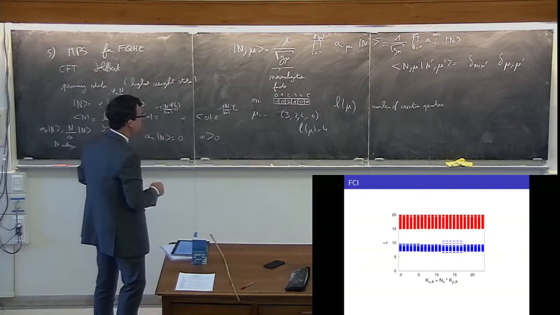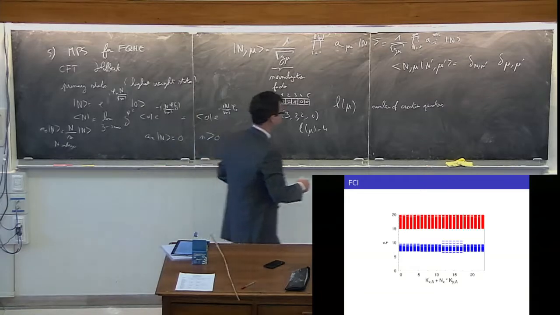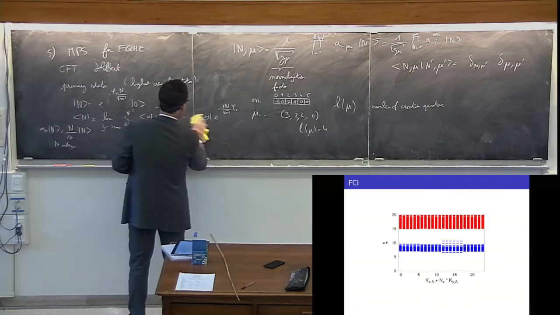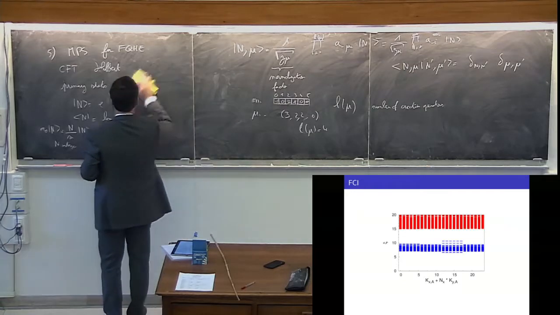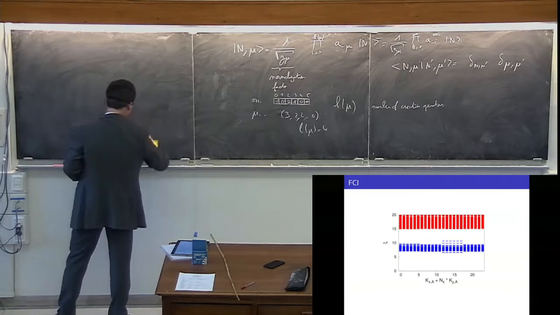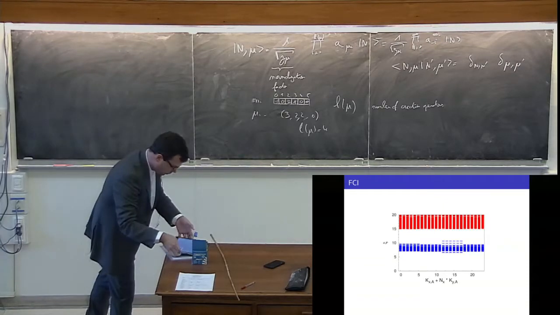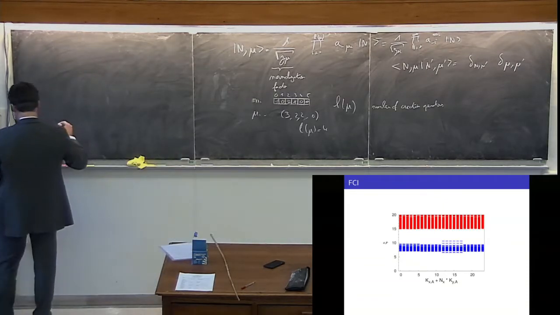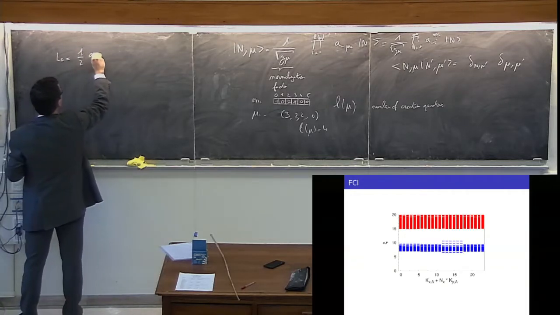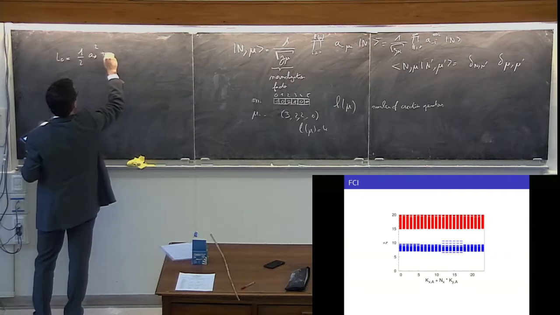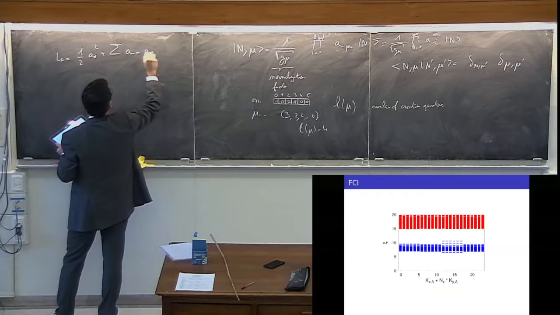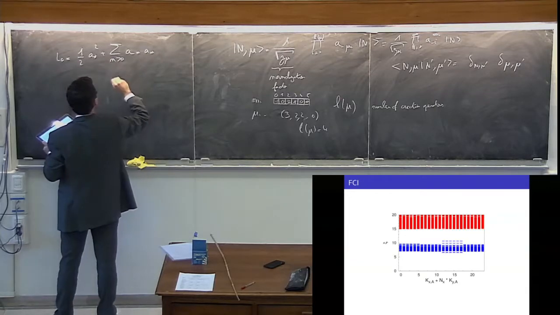So the last step is to compute the conformal dimension for the descendant. If you act with the zero mode of the Virasoro algebra, it's A0 squared plus AN into the 0.